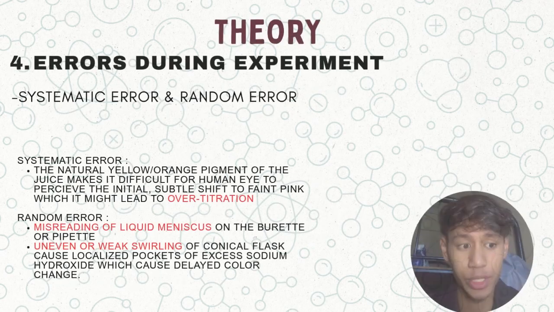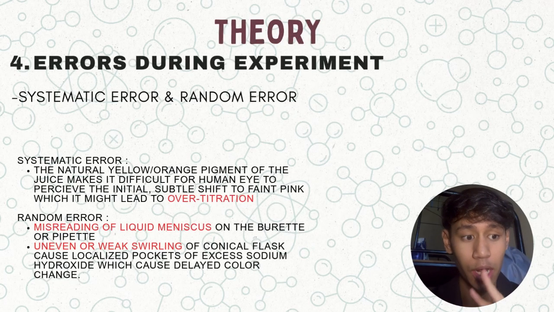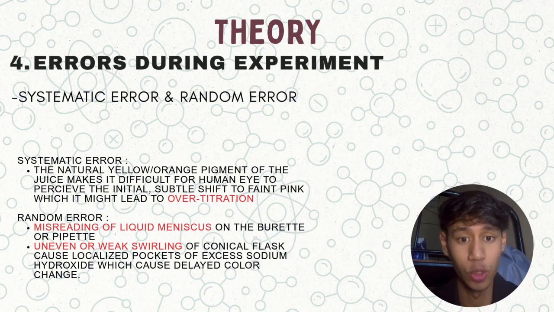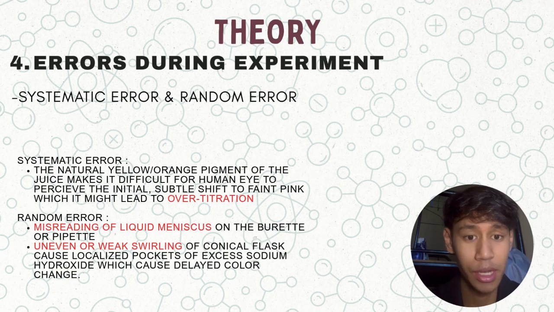For the fourth theory, the errors during the experiment, there are 2 types of error likely to occur: the first is systematic error and the second is random error. For systematic error, it is likely that the natural yellow or orange pigment of the juice makes it difficult for the human eye to perceive the subtle shift to faint pink, which might lead to over-titration.